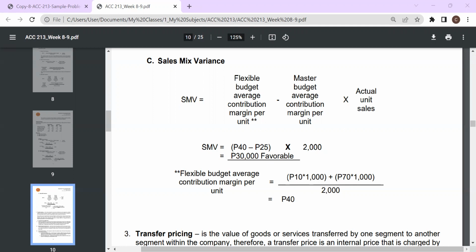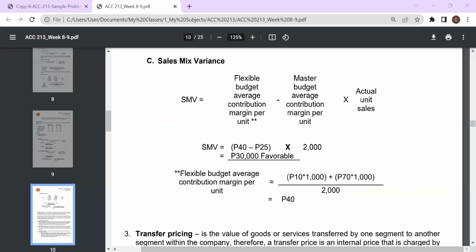Then you have to multiply it by the actual number of units sold, no, which is 4,800 for Zim. So in this case, the actual selling price per unit is lower compared to the budgeted of 13. So therefore, we can say that there is unfavorable variance.